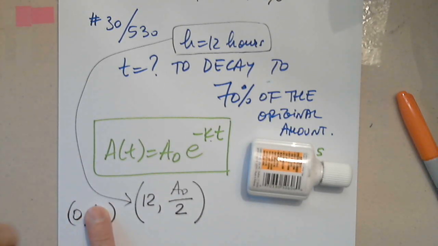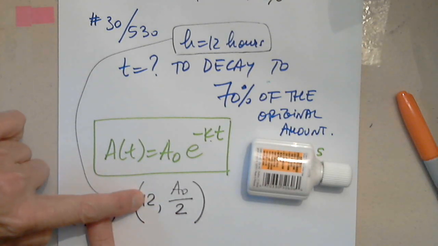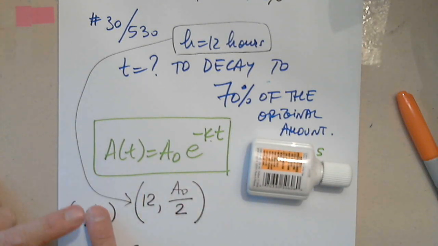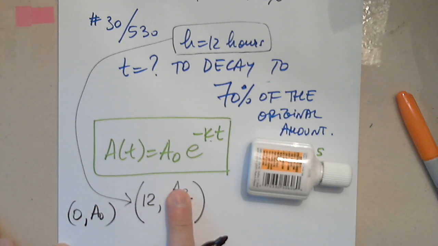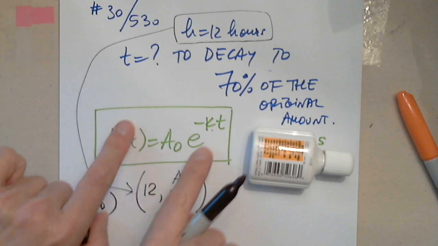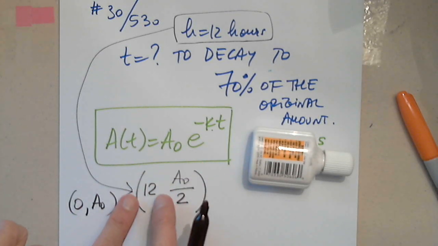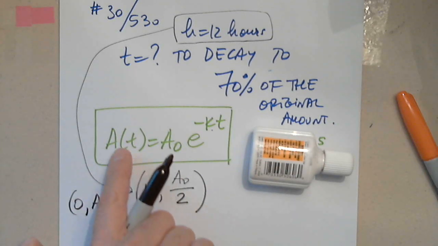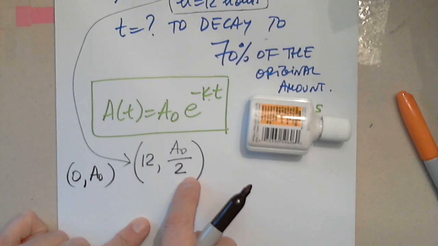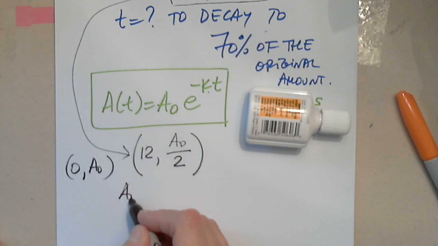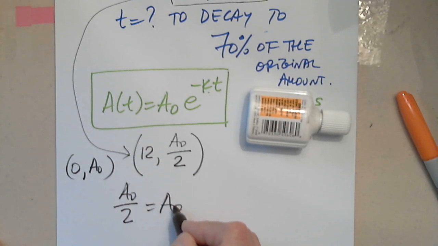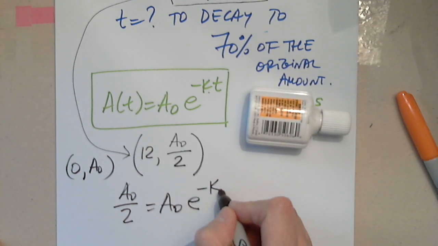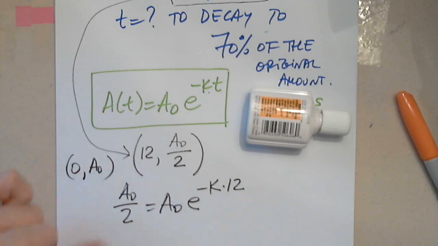But we know that this amount in 12 hours will become half. If I took 100, this would be 50. If I took 200, this would be 100. And this is the point I need to use here. When t is 12, the function value is a0 over 2. a0 over 2 equals a0 e to negative k times 12.